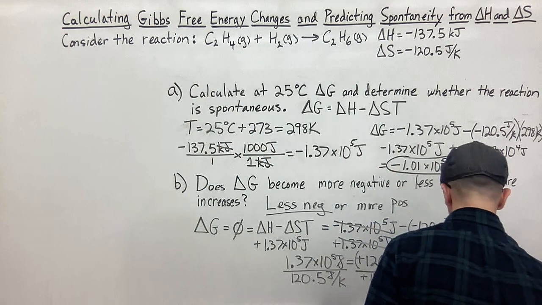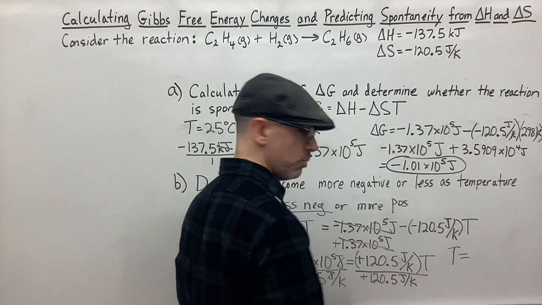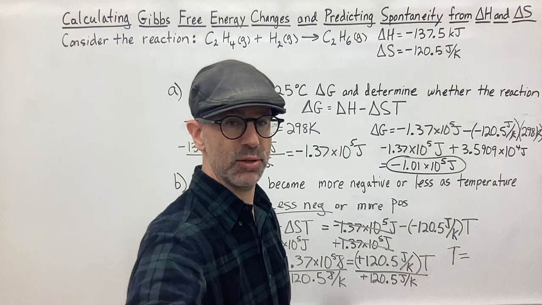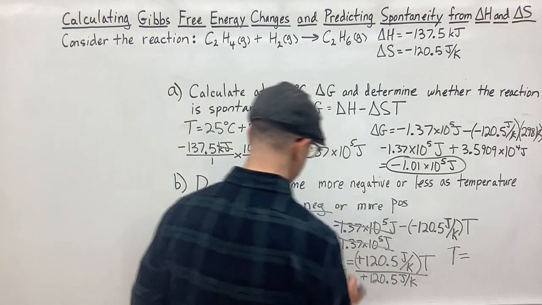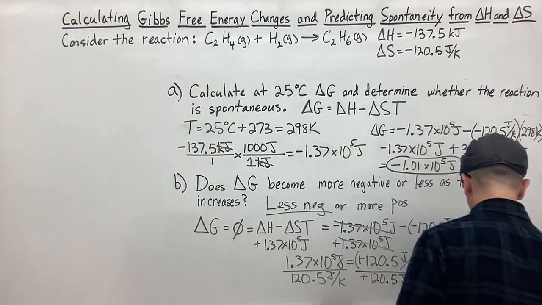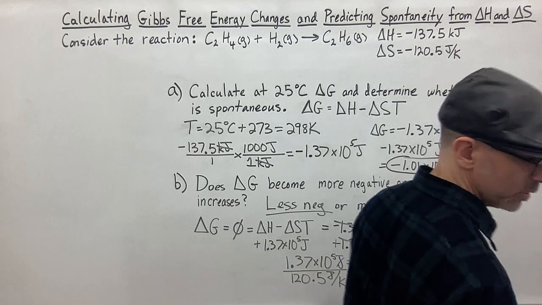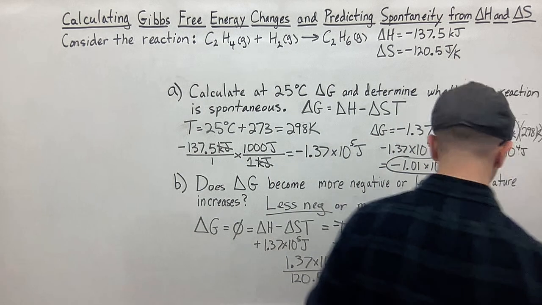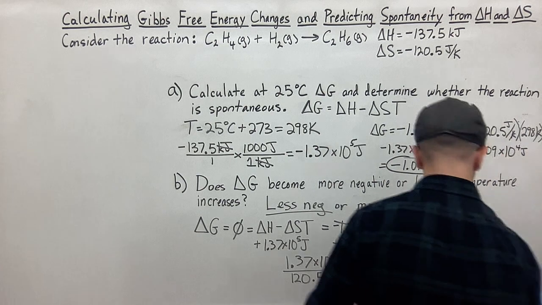So then the temperature is equal to, give me a moment while I calculate this out. Okay, so then you calculate that out and you get 1,137 Kelvin.